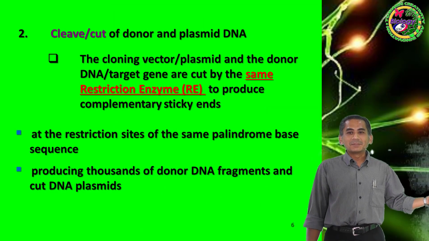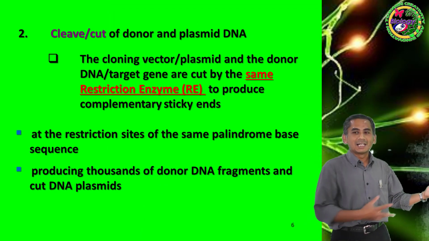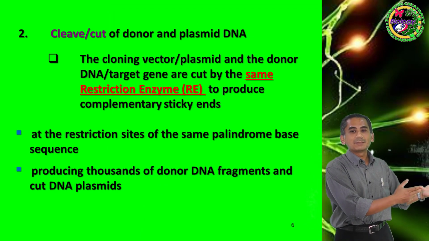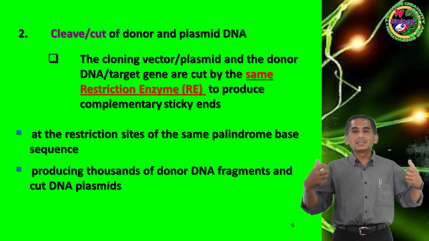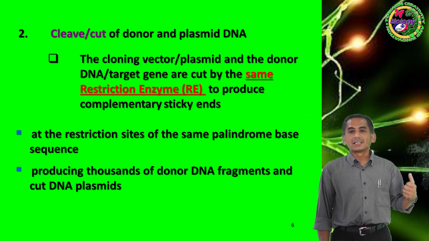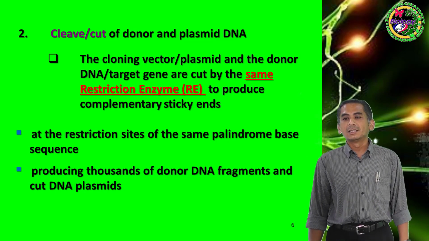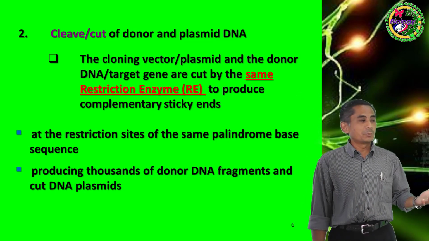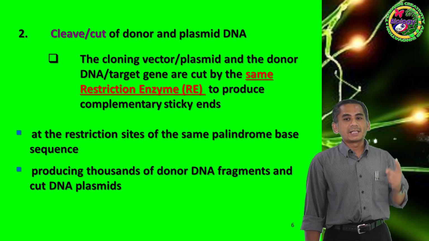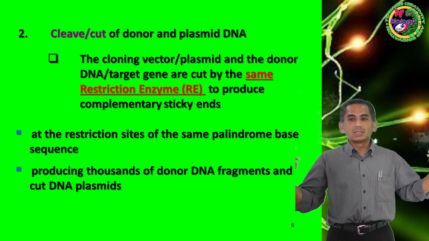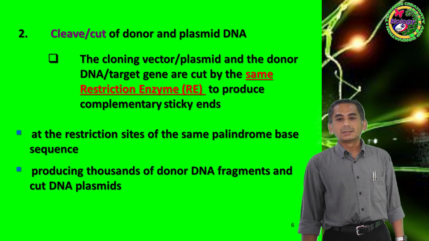coli. The plasmid and the gene of interest are cut by the same restriction enzyme to produce complementary sticky ends, and the cutting region is known as a restriction site and it contains the same palindromic base sequence. This step produces thousands of DNA fragments and DNA plasmids.